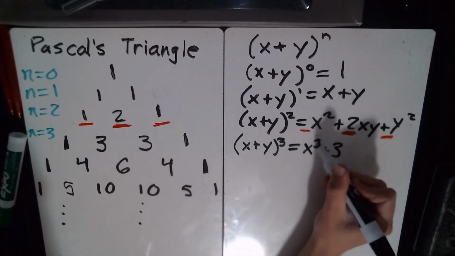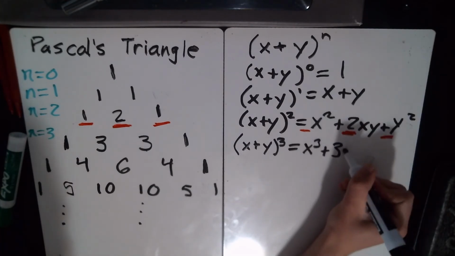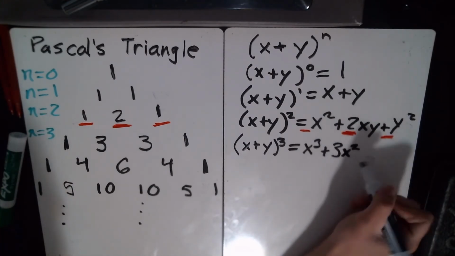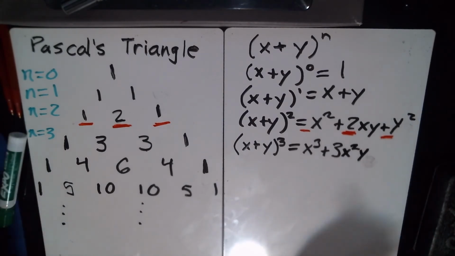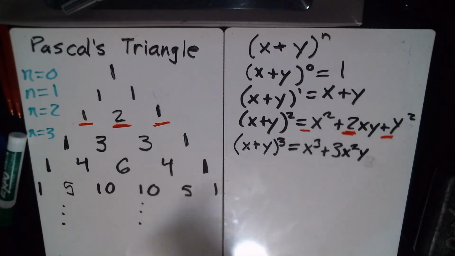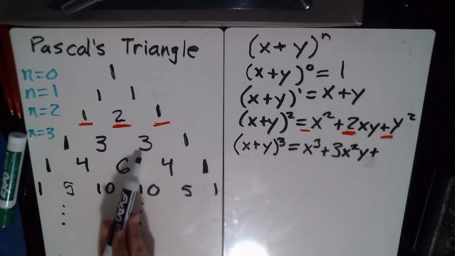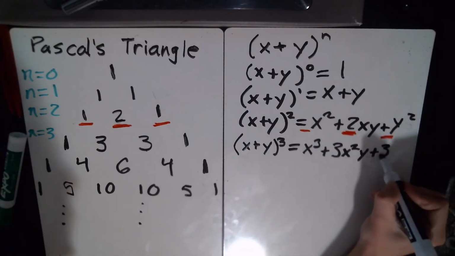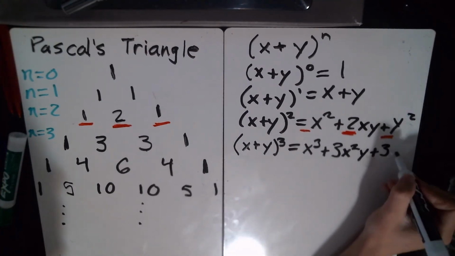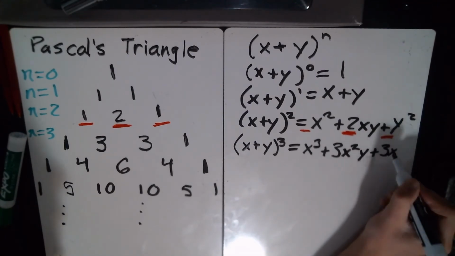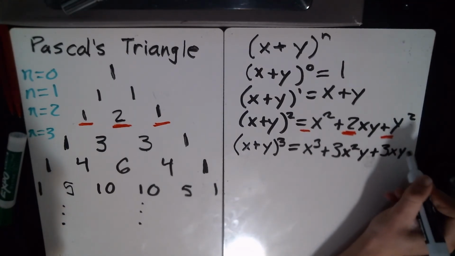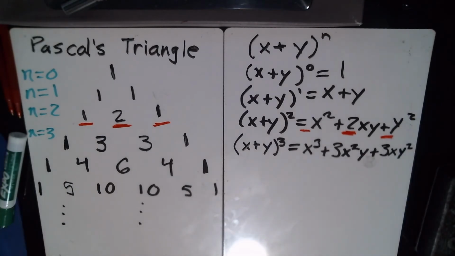You bring down the power on the x by 1, so we'd have an x squared, and then increase the power on the y. So there would be an x squared y, plus another 3, so 3, and we bring down the power on x again, so x to the 1 power, and then we raise the power on the y.